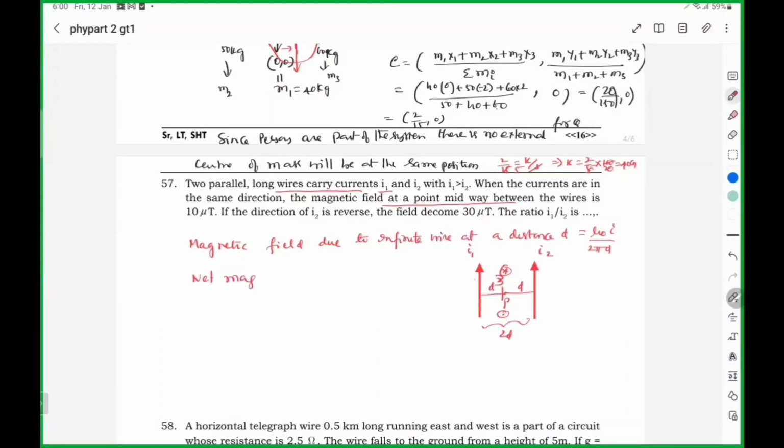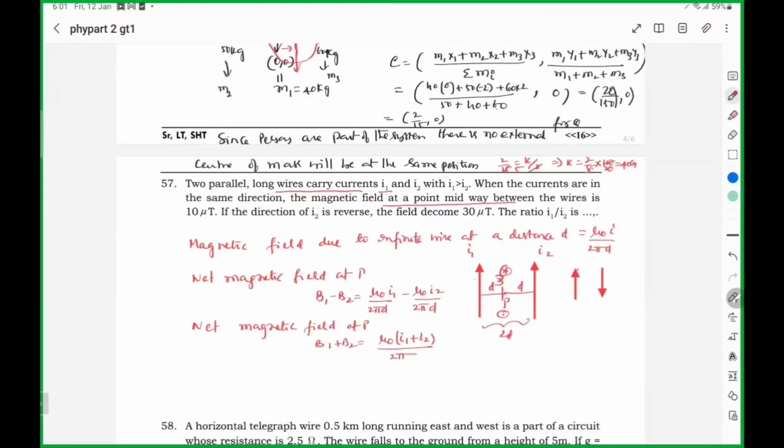So the net magnetic field at P will be B1 minus B2, which is mu naught I1 by 2 pi D minus mu naught I2 by 2 pi D. If the currents are in opposite directions, then the net magnetic field at P will be B1 plus B2, which is mu naught (I1 plus I2) by 2 pi D, which is given as 30 micro Tesla.